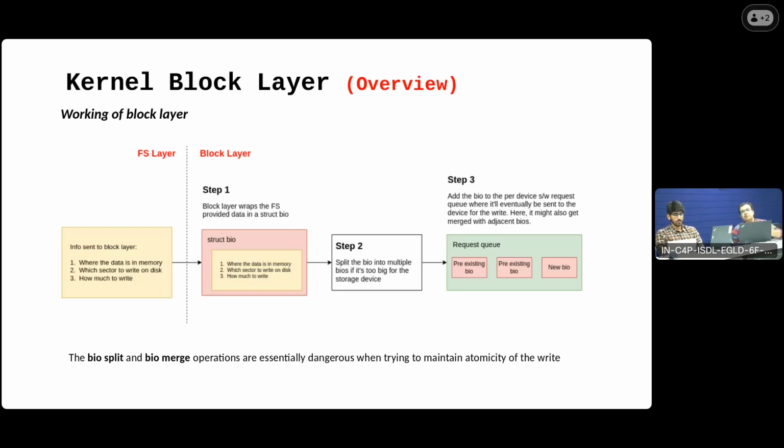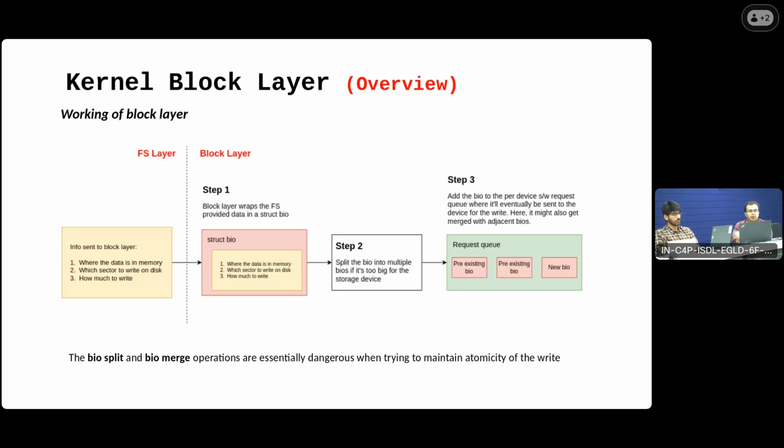It can merge multiple BIOs into one and create a new BIO, right? So this splitting and merging is something we need to be very careful about, and the block layer requires these changes to make sure that Linux gets atomic write support. So there will definitely be changes required in the block layer for that.